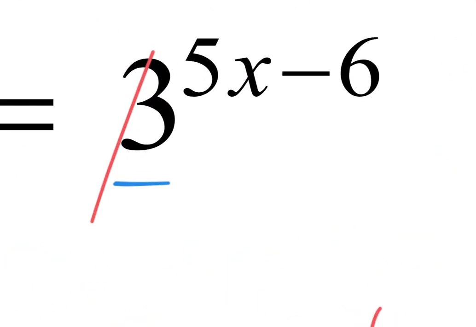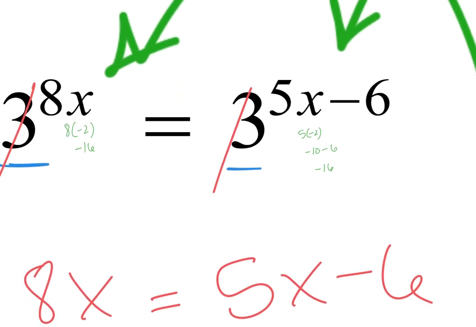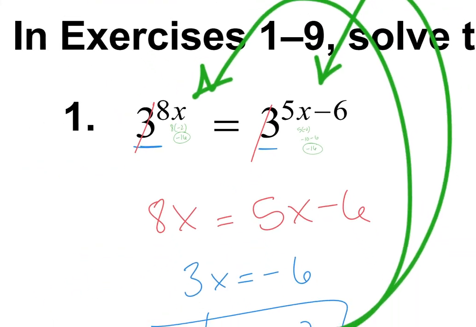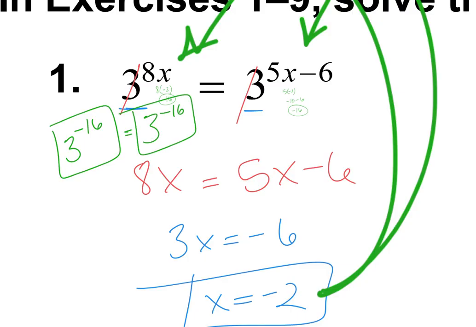And over here we go, oh, hey, 5 times negative 2, that's negative 10 minus 6. That's negative 16. So negative 16 equals negative 16. And I know none of us are going to run to the calculator to type in 3 to the negative 16th, mainly because we just proved that this is what we have. We have this on both sides, and then why would we check it further?